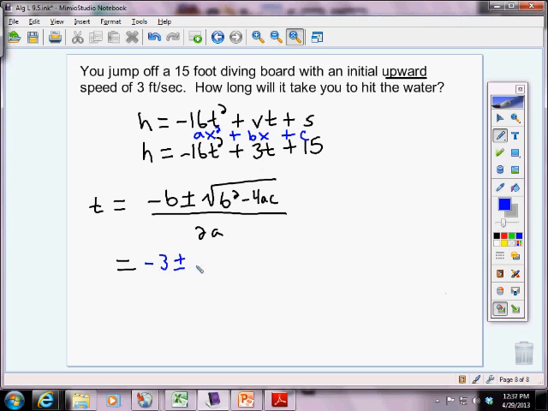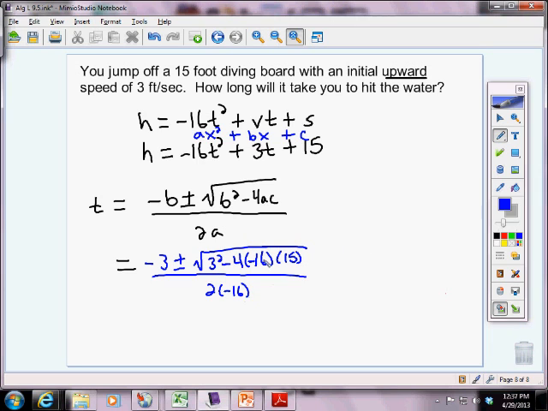Negative 3 plus or minus the square root of 3 squared minus 4 times a negative 16 times c, which is 15, all divided by 2 times a negative 16.